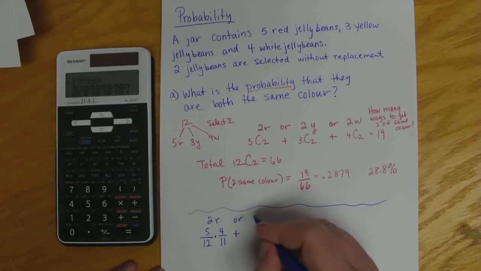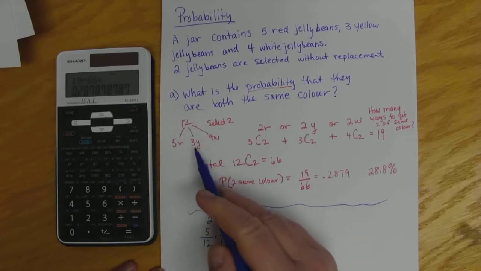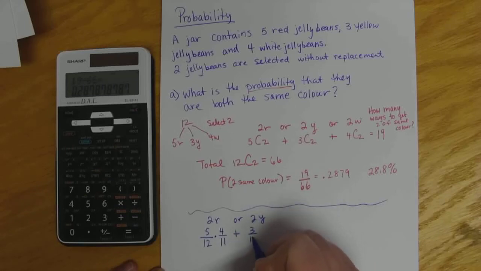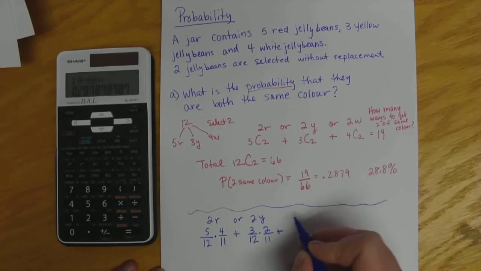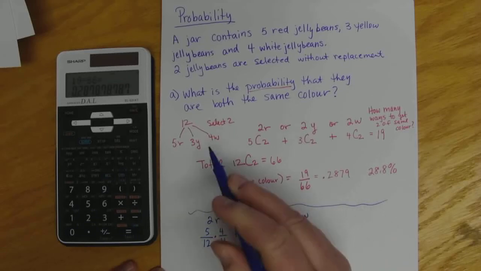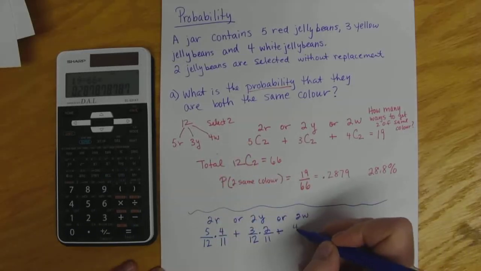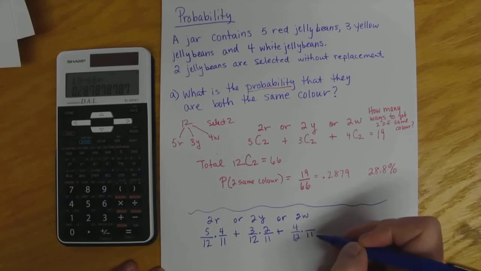Or add 2 yellow, do the same thing. There's 3 yellow in there at the start, and then if you take a yellow out, the next one being yellow would be 2 out of 11. Or 2 white, there's 4 white out of 12, and now there's only 11 jelly beans left, so 3.